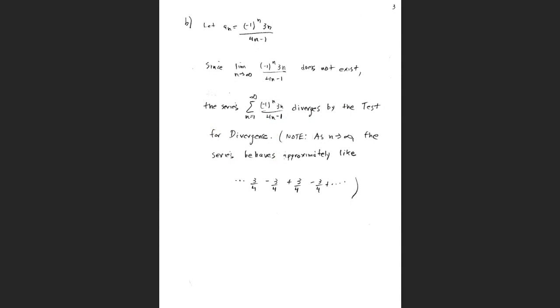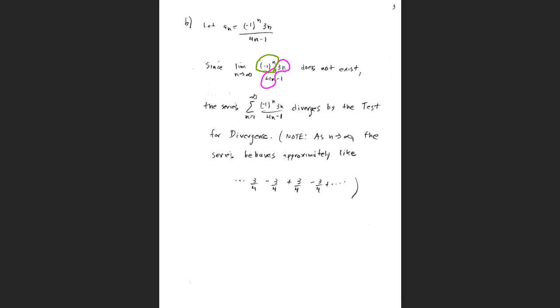And also we can further say that even more than that, the limit of the terms doesn't exist because the 3n divided by 4n is 3/4. But don't forget, you have the -1 to the nth power in there.